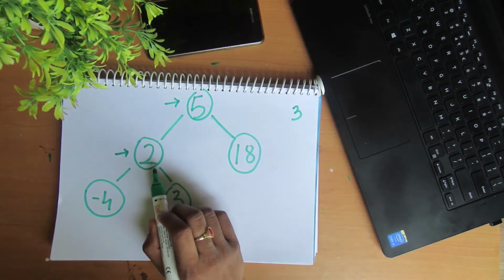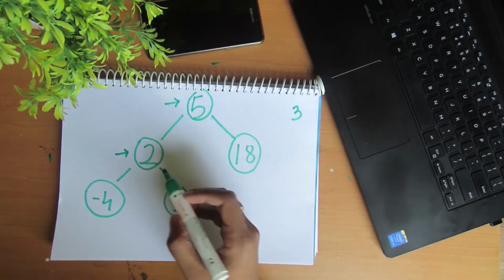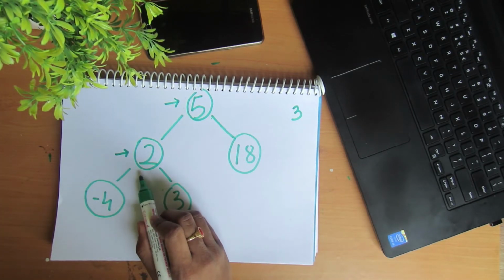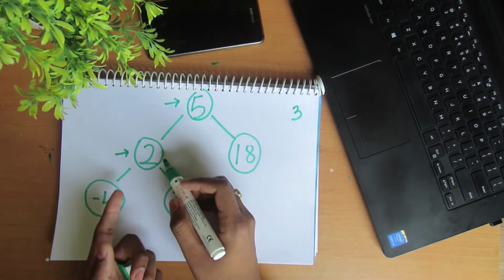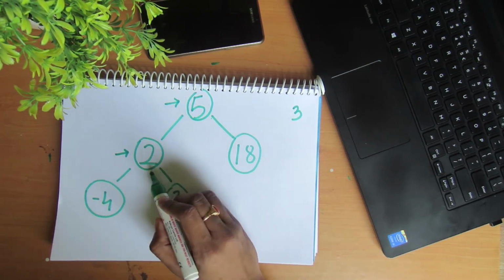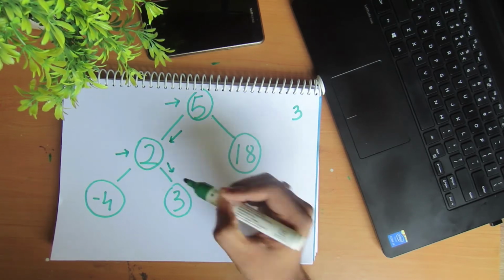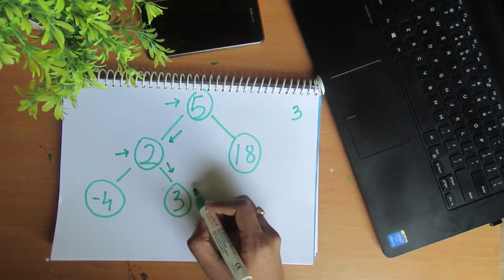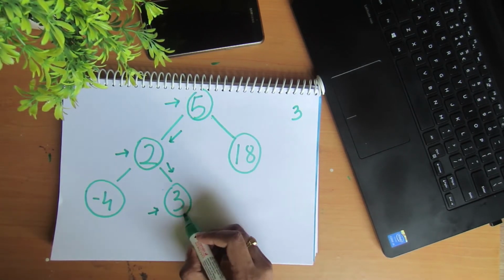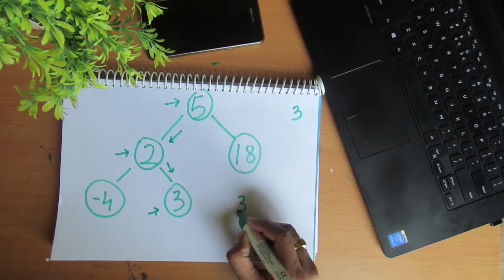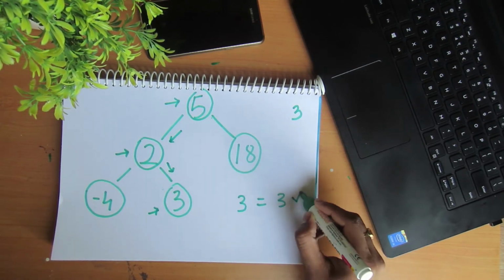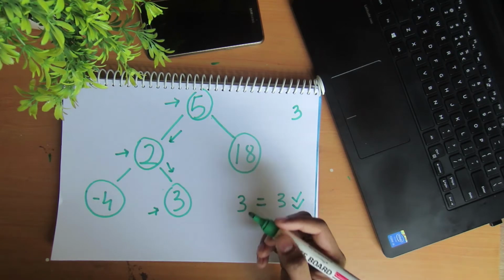Is 2 greater than 3? No. So that means the key will be present on the right subtree of this node. So we move towards the right and compare with the current node. Current node is 3. So 3 is equal to 3. Hence we have found the element.